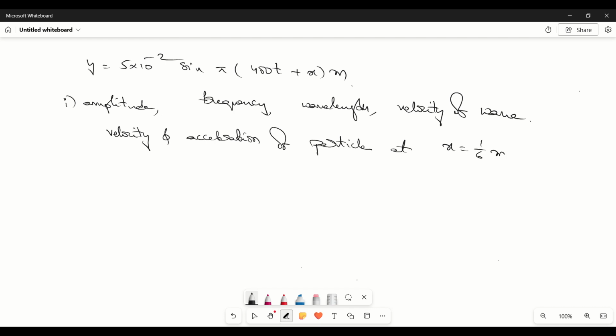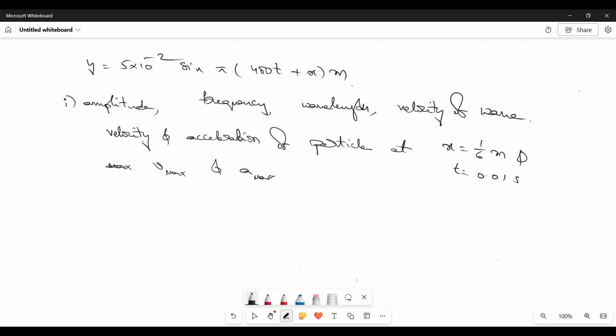So let's find out. When we compare this equation with y equal to a sin omega t plus kx, observe that a can be represented with this equation. So the amplitude is given as a equal to 5 into 10 to the power of minus 2 meters. Now we have to represent frequency.